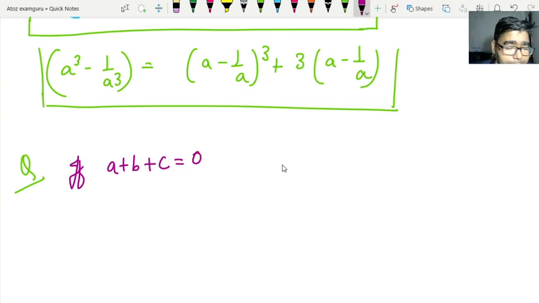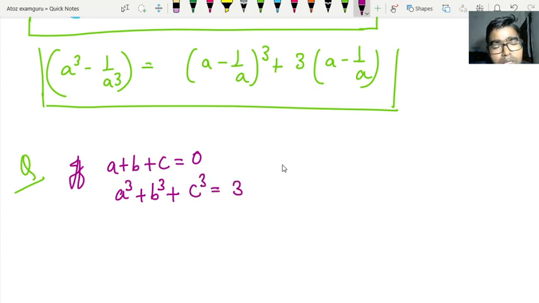Then prove that a cube plus b cube plus c cube equal to 3abc. Right friends? Then what we will do? Very simple.